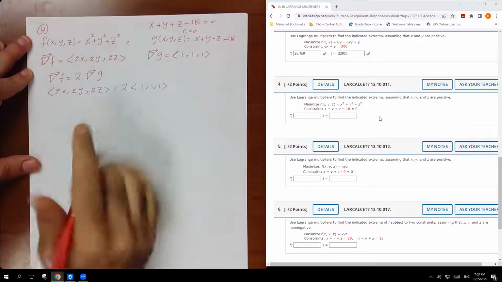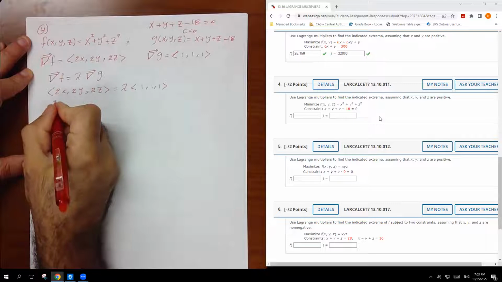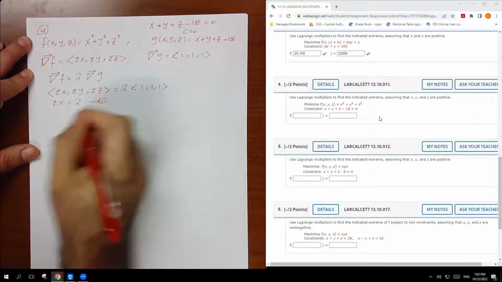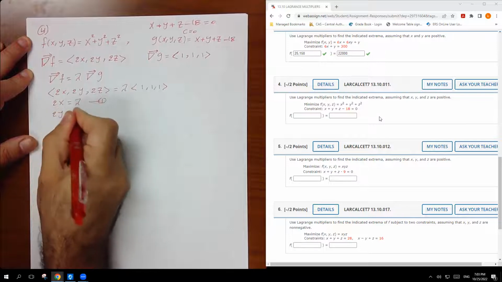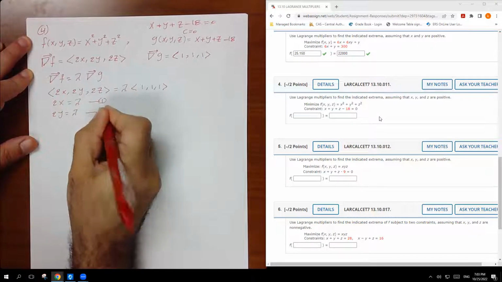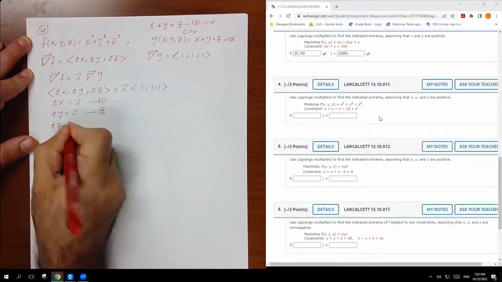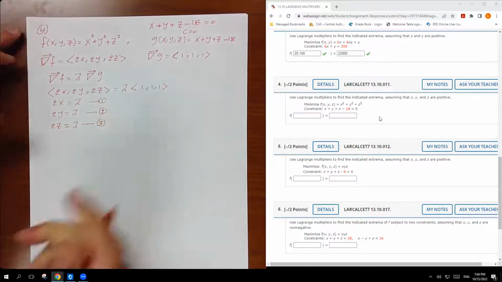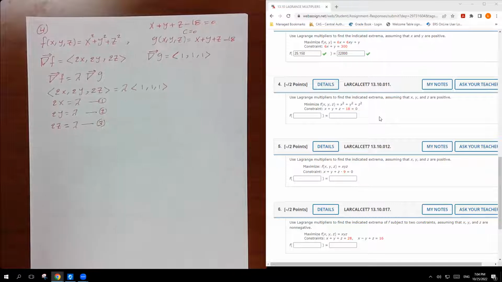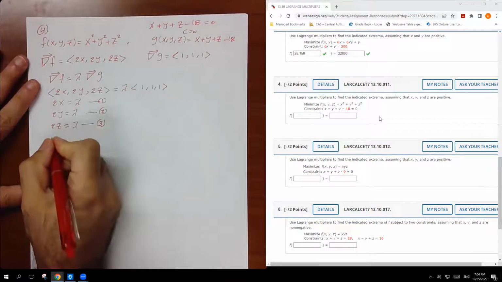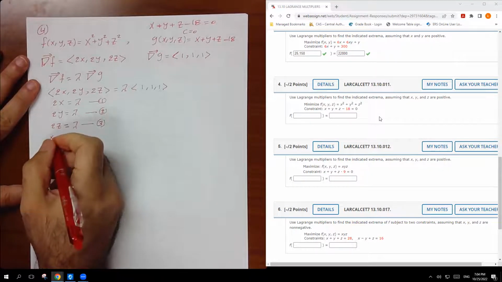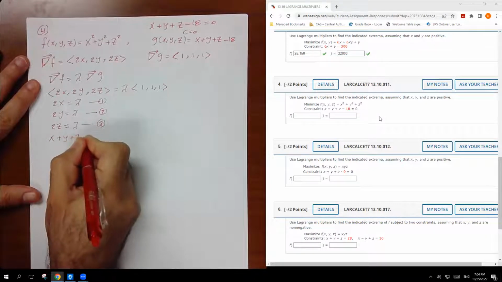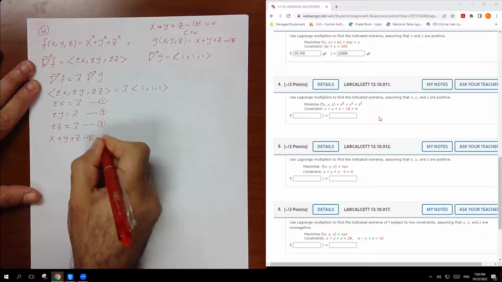So let's work on this one. 2x is going to be lambda, the first equation. 2y is going to be lambda, this is the second one, and 2z is going to be lambda, this is the third one, and the constraint, which is x plus y plus z minus 18 equals 0.